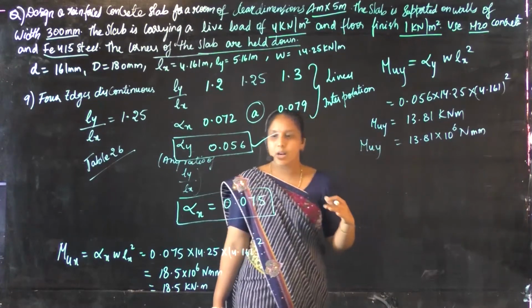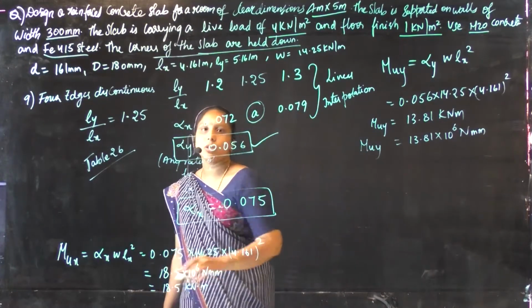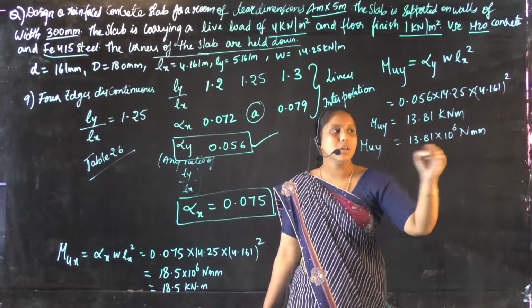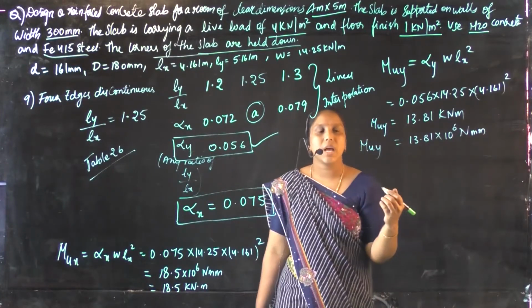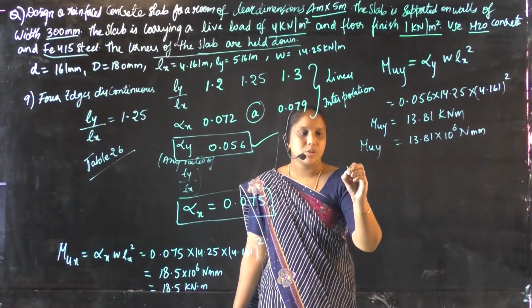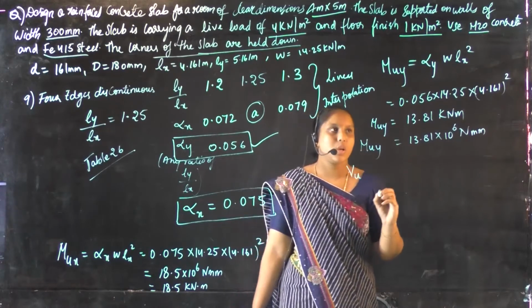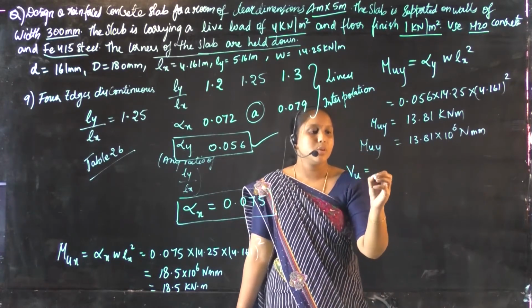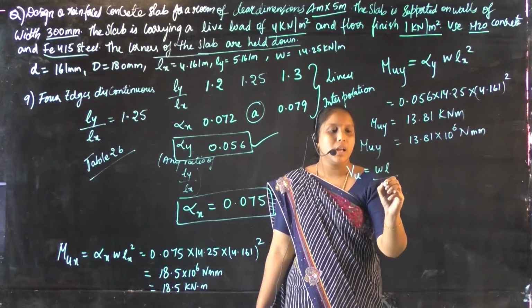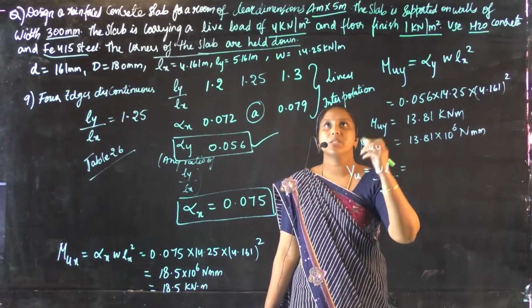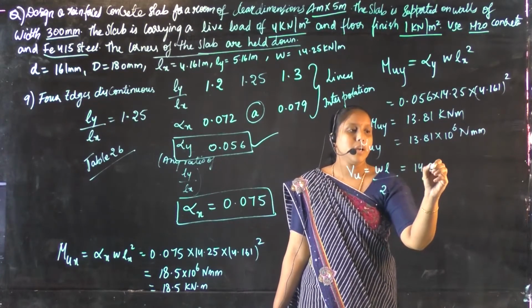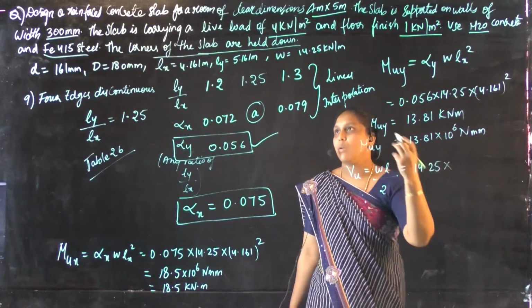So now what we have calculated? We have calculated the moment along the x direction and also along the y direction. The next step is to calculate the maximum shear force, that is, we have to calculate the Vu. So how we will calculate the Vu? Vu is equal to W L by 2. So what is W? W is 14.25 into L. What is L here?